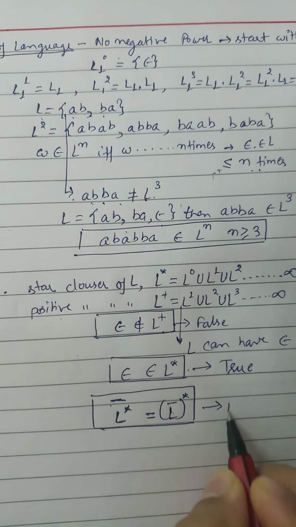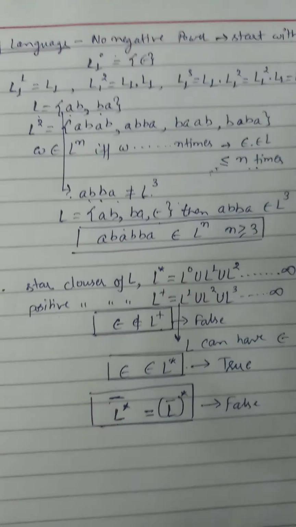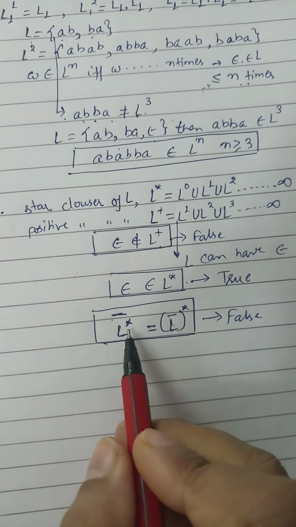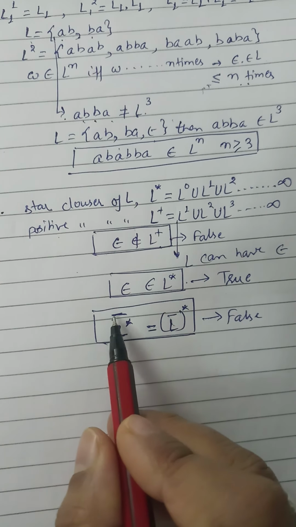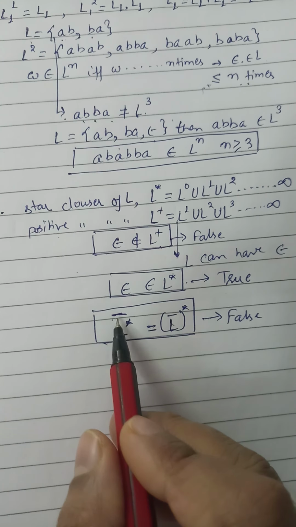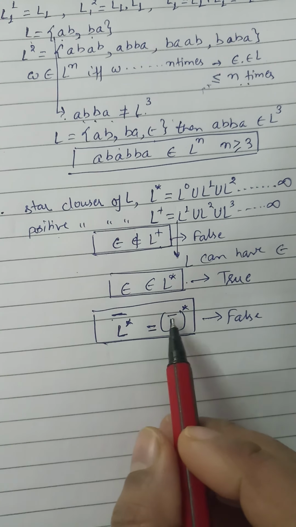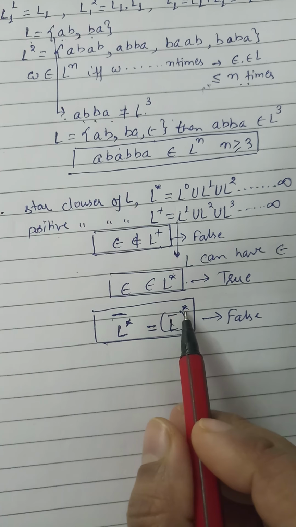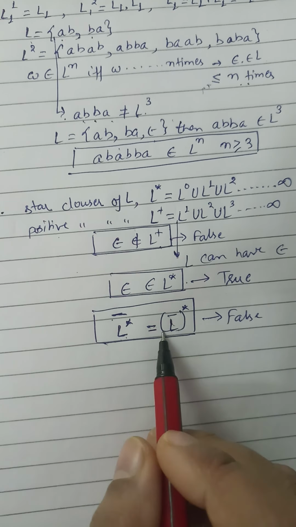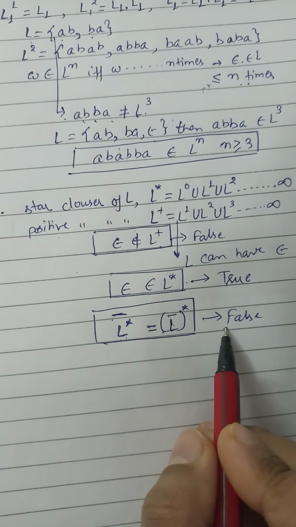It is false. Why? Because L star contains epsilon, but if we complement it, epsilon will not be available there. L complement star, because it has a star at the end, will contain epsilon. That's why they will not be equal.